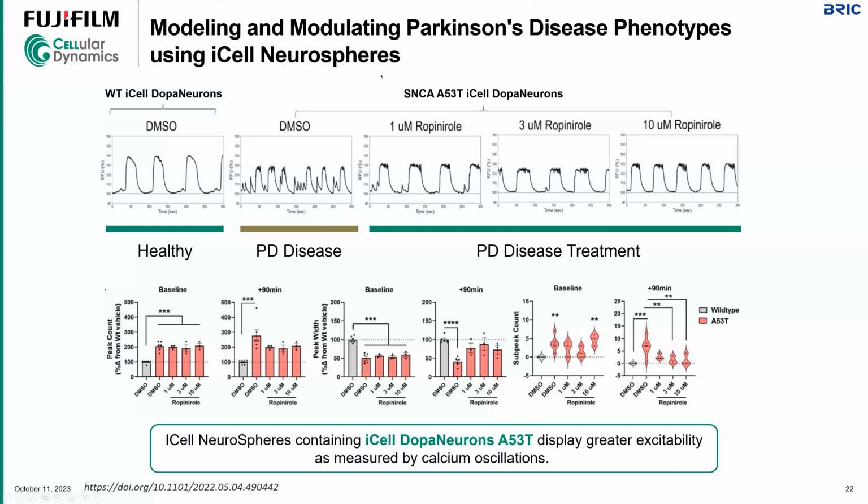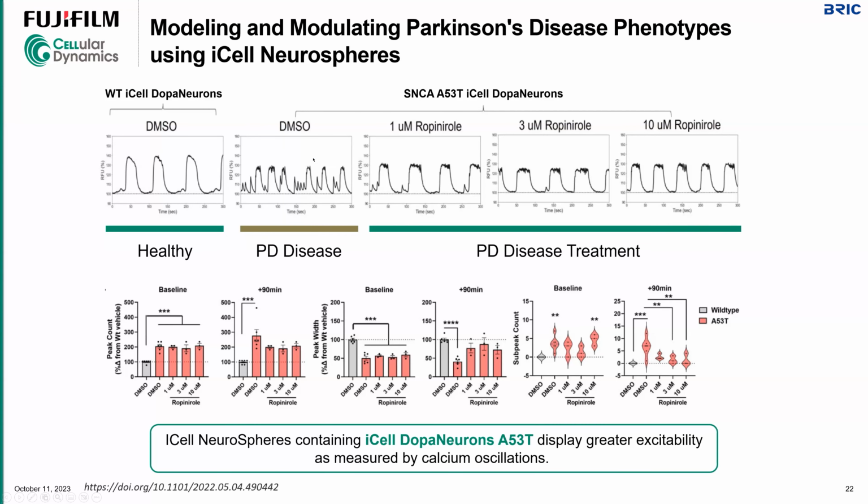the A53T point mutation in the alpha-synuclein gene, a mutation linked to PD development, you will see that neurospheres with this Parkinson's disease model of dopaneurons have severely disrupted calcium oscillation patterns upon just vehicle treatment, DMSO treatment. So the healthy cells have a beautiful pattern, and DMSO-treated Parkinson's disease models have a very disrupted pattern, as shown here on the slide.